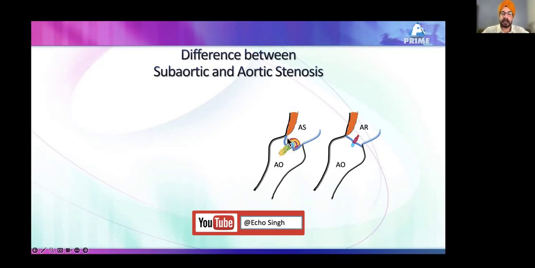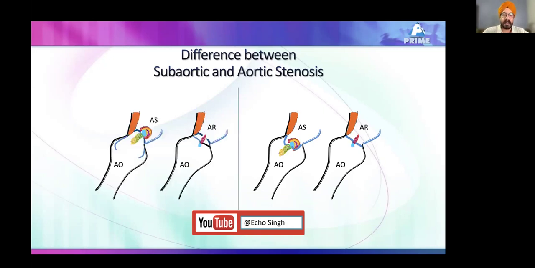The trick is, in an aortic stenosis, this is a five chamber view in an animated form. This is the aortic valve which is doming, and you see a PISA at the aortic valve. When the aortic valve closes, you see the regurgitation at the same level as the aortic stenosis.